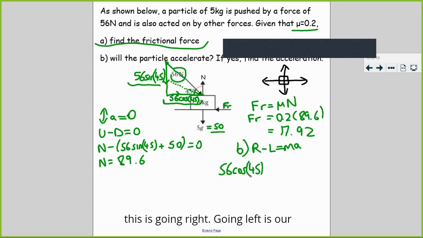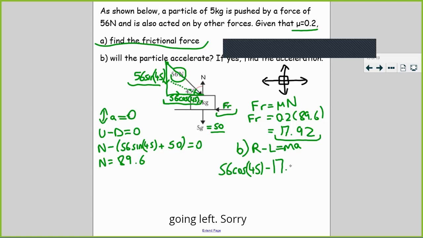Going left is our friction, which is here. Now we know that friction is 17.92. Equals ma. So m is 5 and a we don't know.